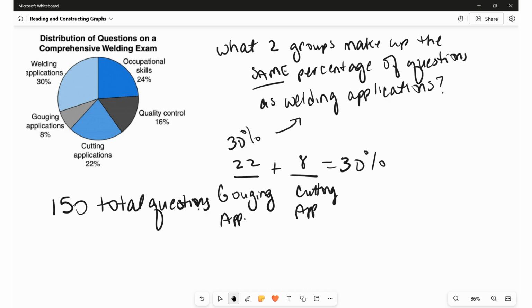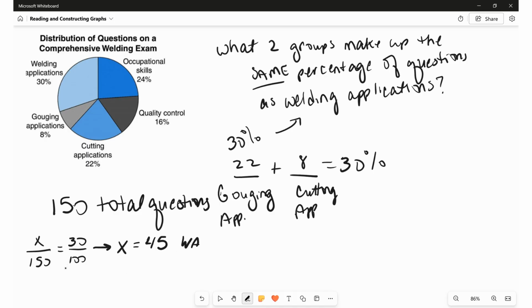Well, if 30% of them are relating to welding applications, then we could set up x over 150 is equal to 30 over 100. And that would give us that x would be 45. There would be 45 questions for welding applications.